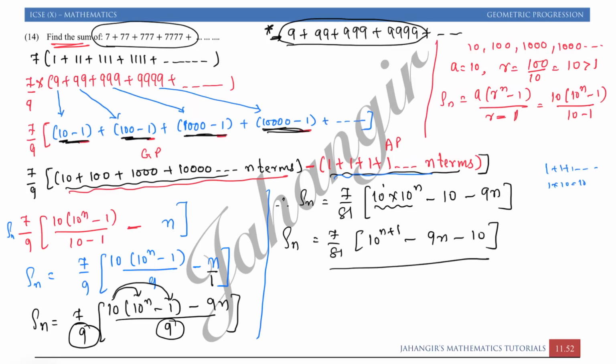Nth term means if you want to find the sum of 10 terms, just replace n with 10, you will get its final answer. If you want to find the sum of 100 terms, just replace n with 100, you will get the value of the sum of 100 terms. Hope you understood this type of question. It's not that important, but you should know it's a good question. It's a logical question.